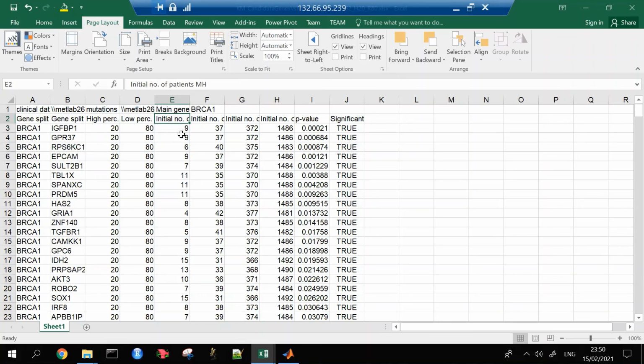If you see in this column where the patients had a mutation in BRCA1 and a high expression value in the candidate gene, the initial number of patients here was 9.